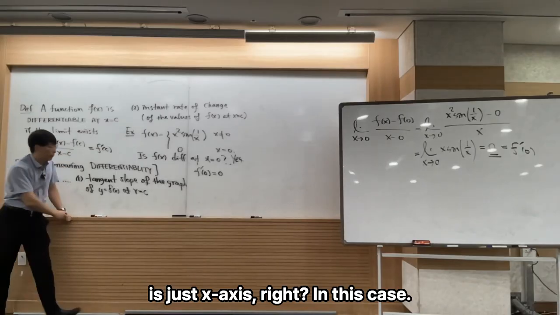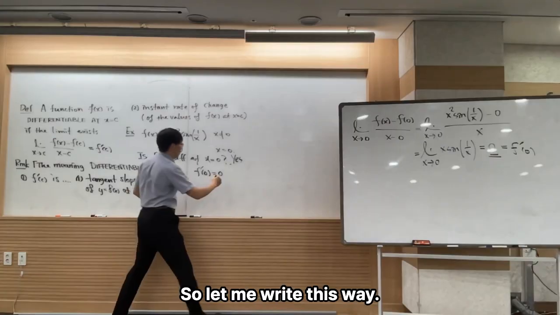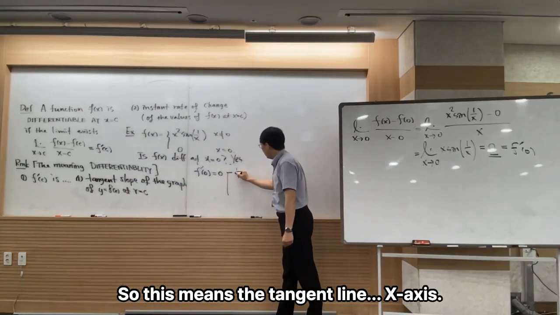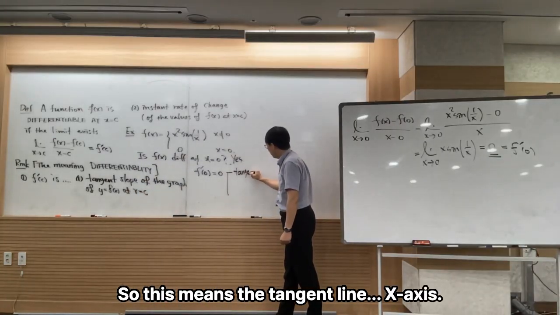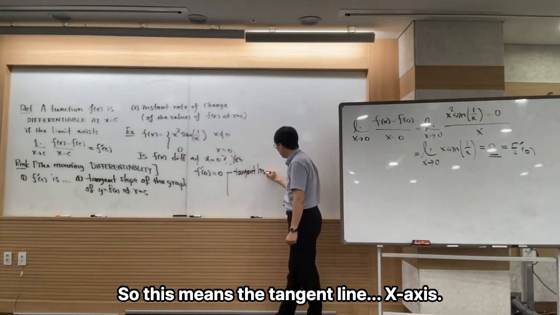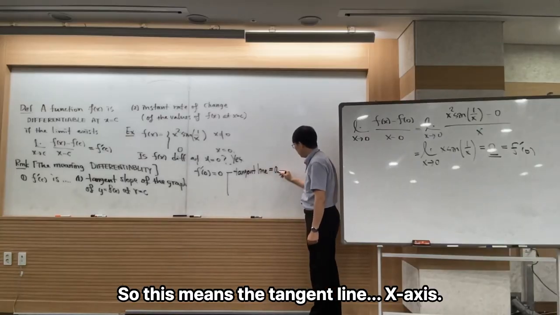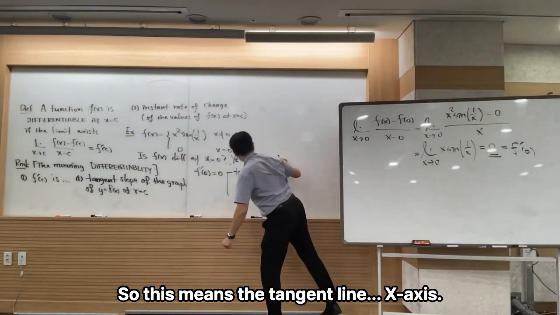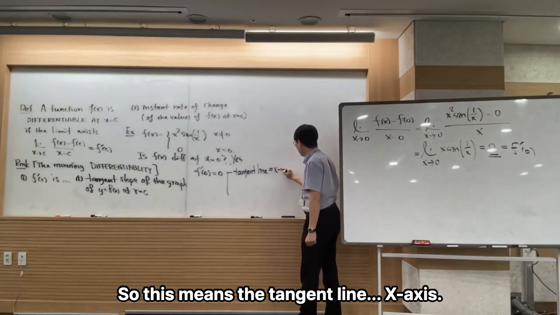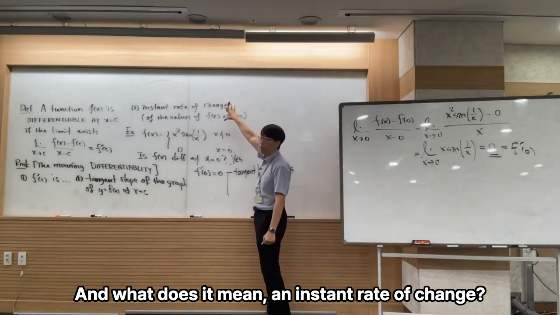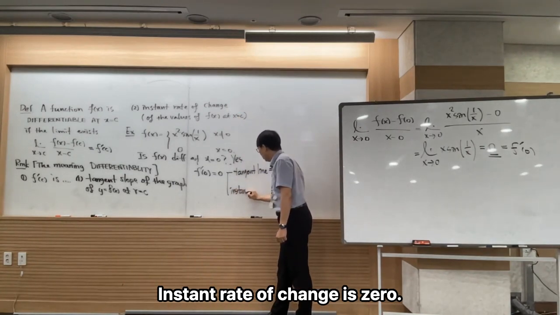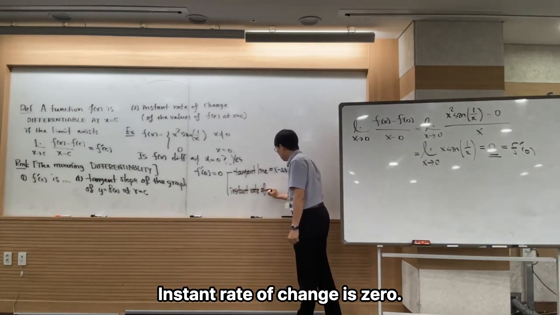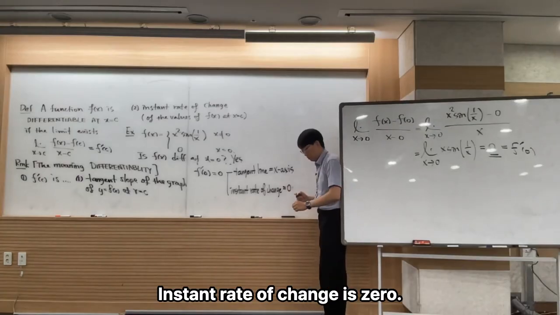So let me write it this way. This means the tangent line is the x-axis. And what does it mean in terms of instant rate of change? Instant rate of change is 0.